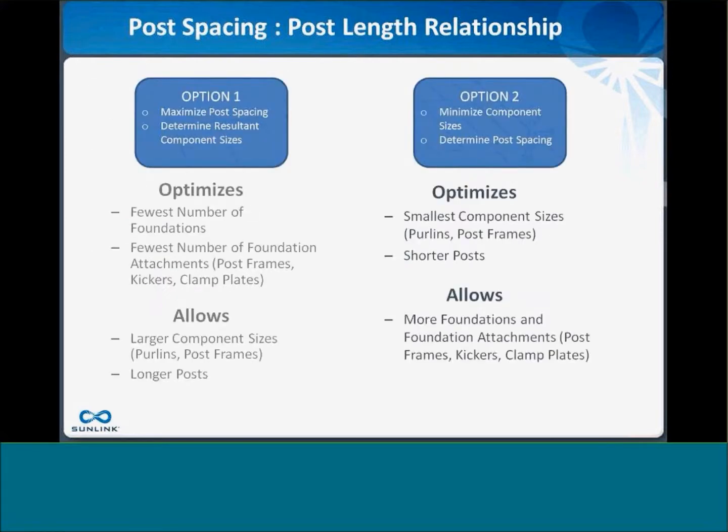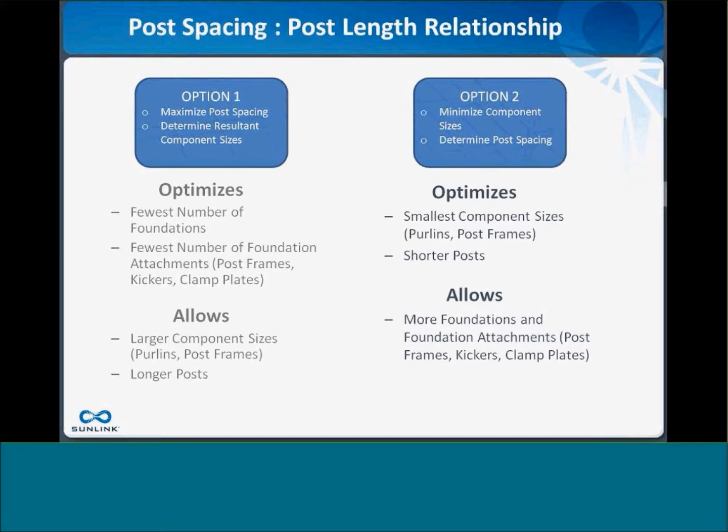So here we're trying to look at two options, is really the way that we usually think of it. The first option would be maximizing that post spacing, which is shown on your left-hand side, and then determining your resultant component sizes after that post spacing is maximized for your project. What that gives you for each project is the fewest number of foundations on your site, as well as the fewest number of foundation attachments.